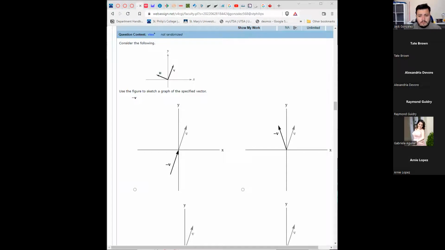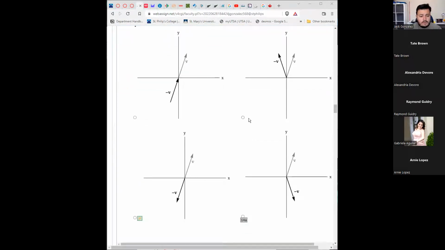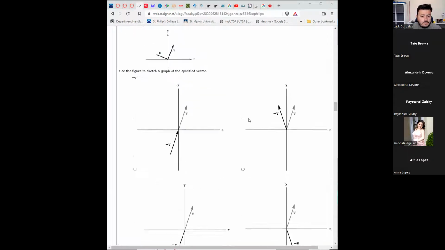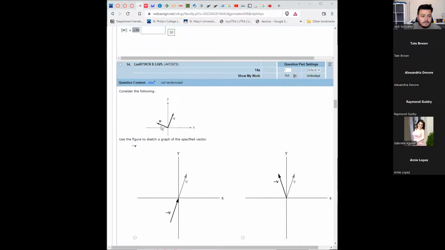So check this out here. Oh, I guess we'll get to that in a second. Here they just want to know, find negative V. So negative V would just be going in the opposite direction. So negative V is just the same exact arrow. Actually, I think I have arrows I can use.